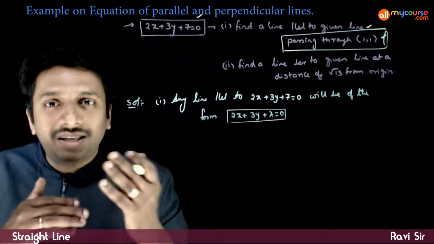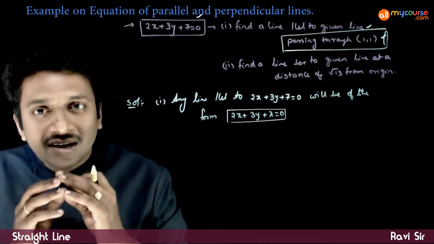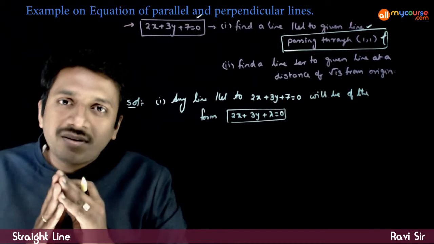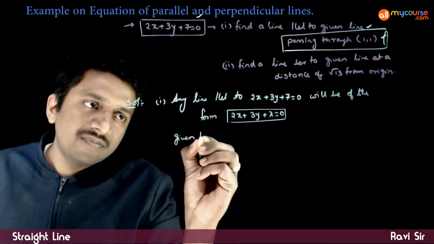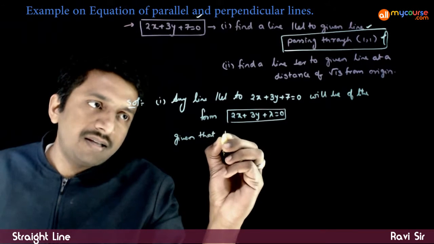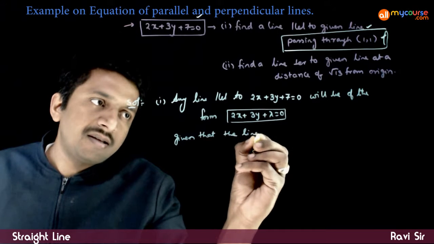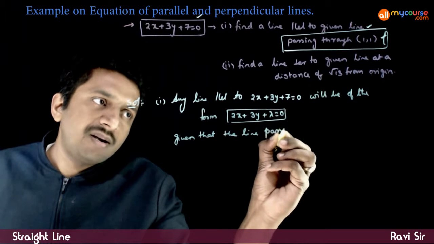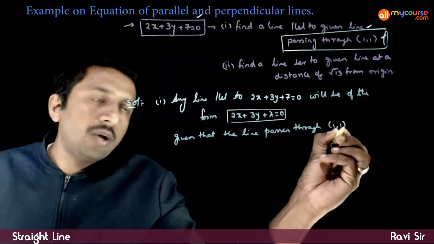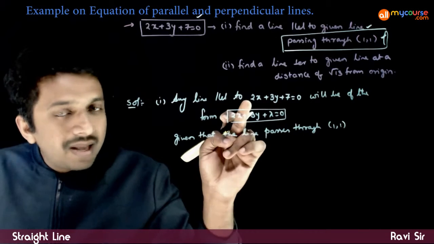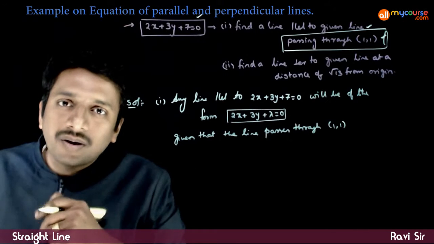But I don't want any line. I want that particular line which passes through (1, 1). So what I do is, given that the line passes through (1, 1), that means I want my line to satisfy this point.